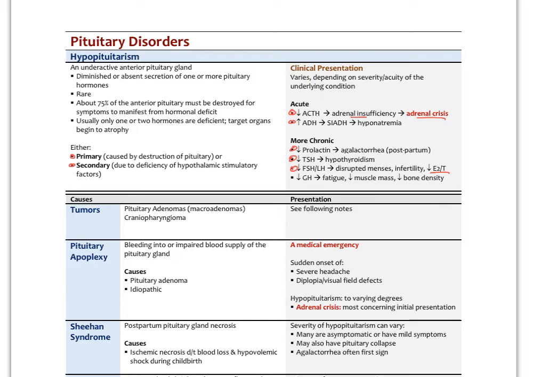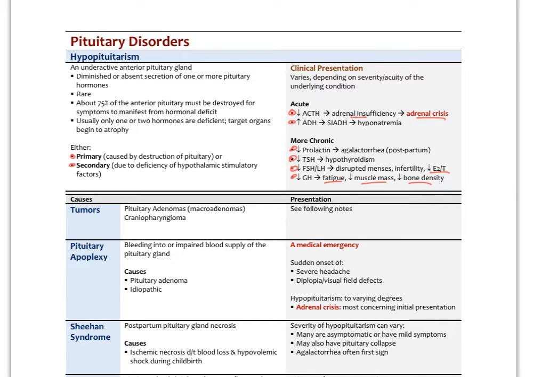In females, that low estrogen can lead to severe osteoporosis, and so that needs to be corrected, usually with replacement therapy. And then low growth hormone might lead in adults to fatigue, decreased muscle mass, and decreased bone density, versus, of course, in a child, where that might lead to pituitary dwarfism.